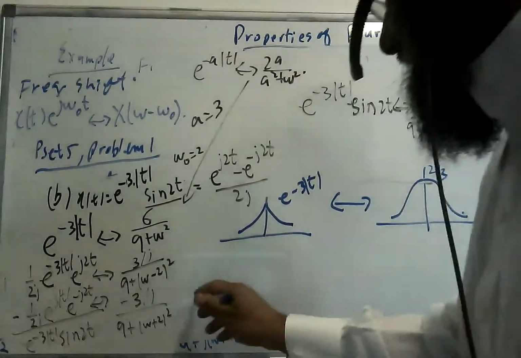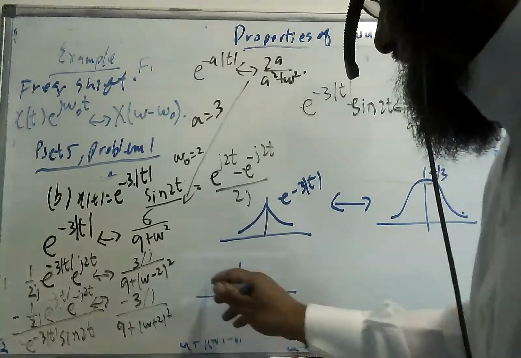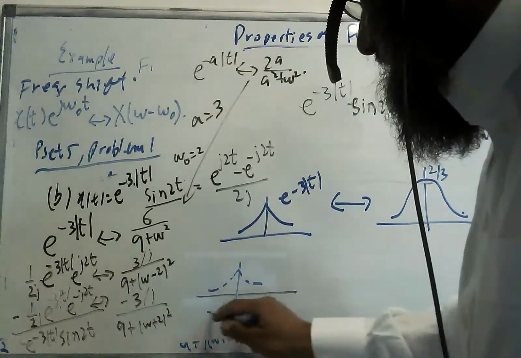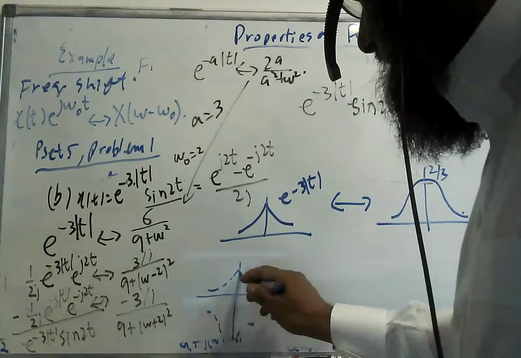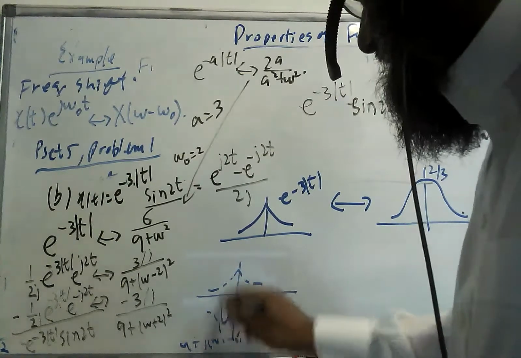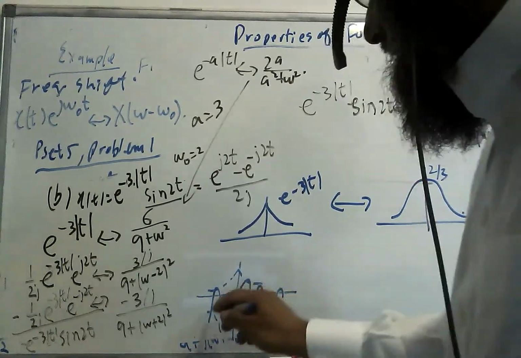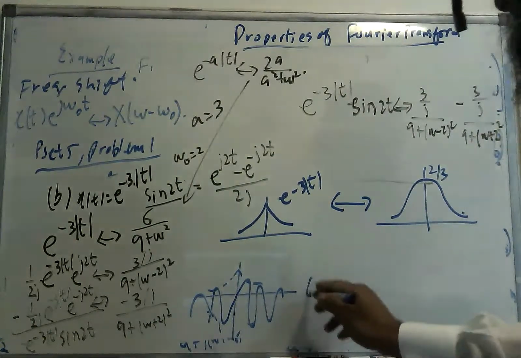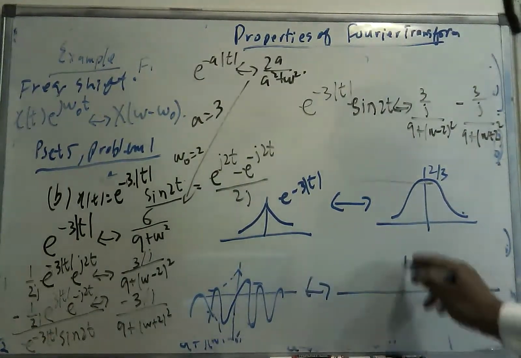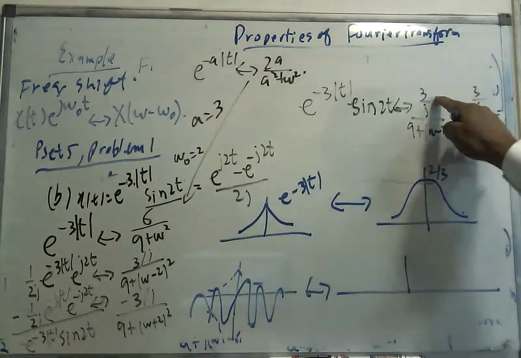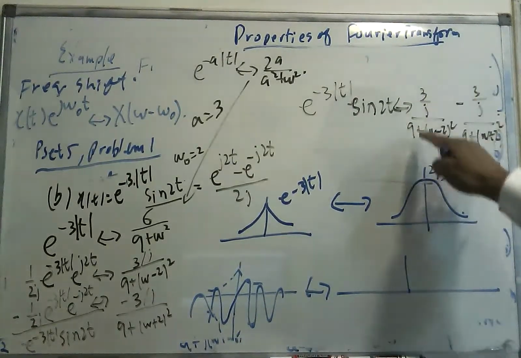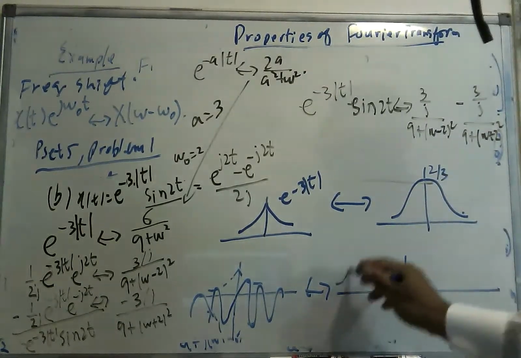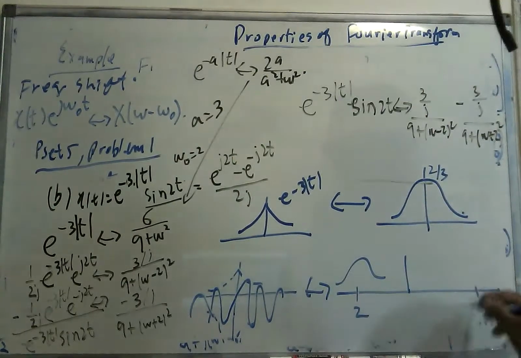Now when I multiply this function by the sine, it will be like this. I have this envelope, so as I did before, it will be like this, multiplied by sine. Here, this will be shifted to plus 2 and minus 2.